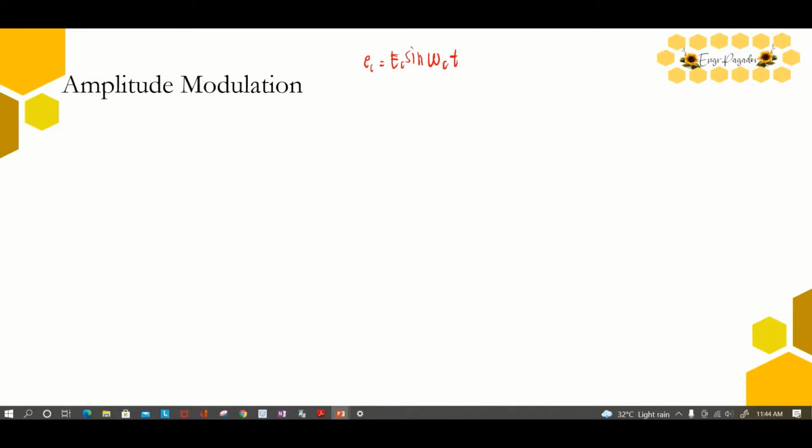Now, for the general equation of the modulated signal, we use this formula or equation. This is equal to E = A sine omega_c t.